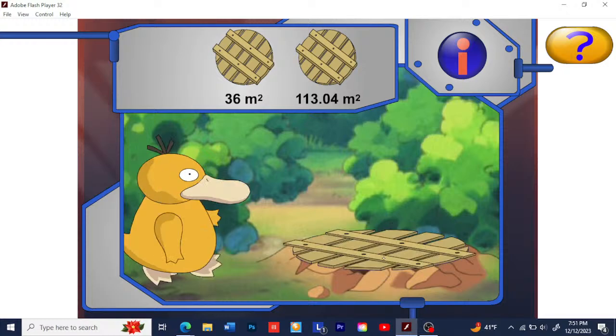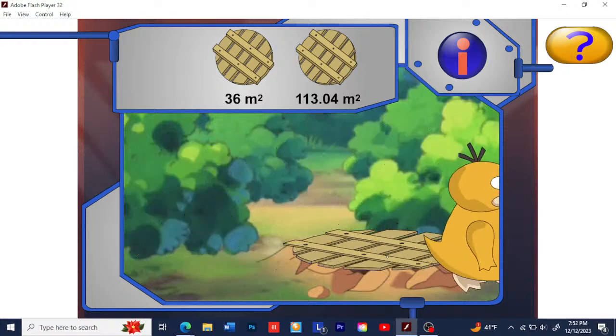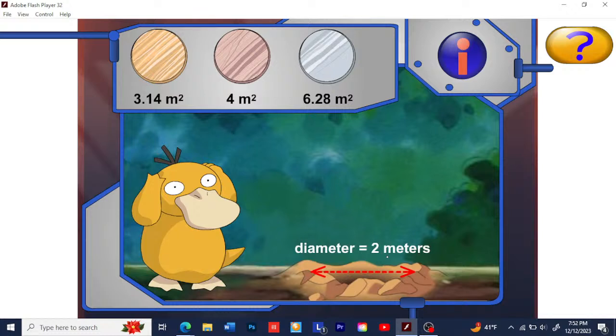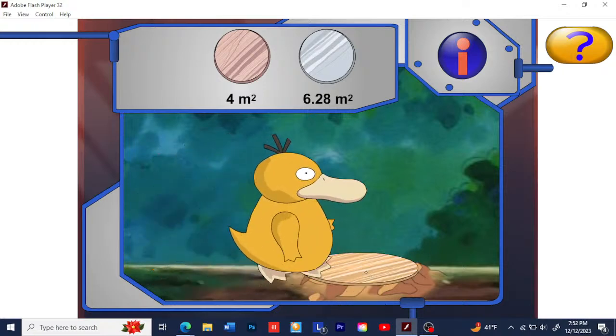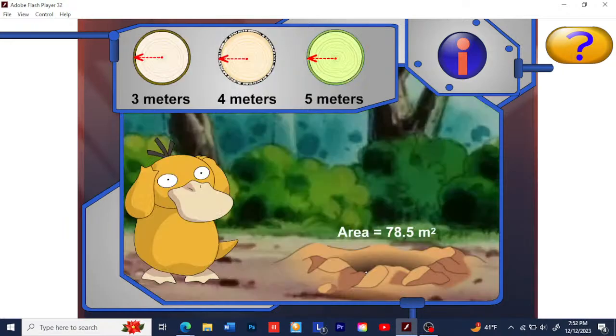Try again. Great! Which circle will fill the hole in the path? Try again. Excellent! Which circle will fill the hole in the path?